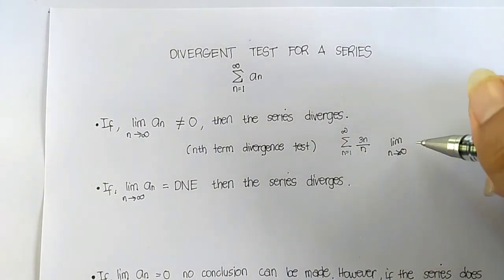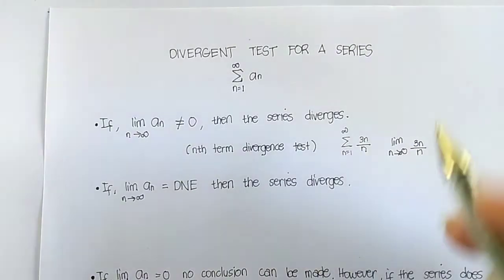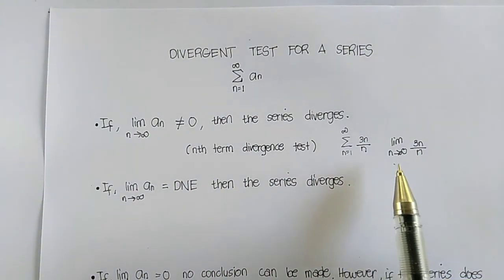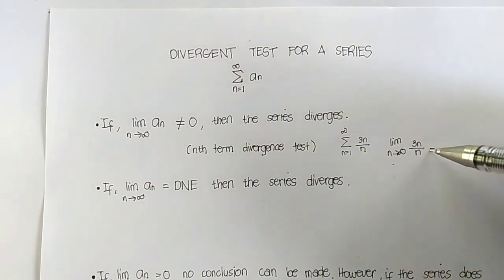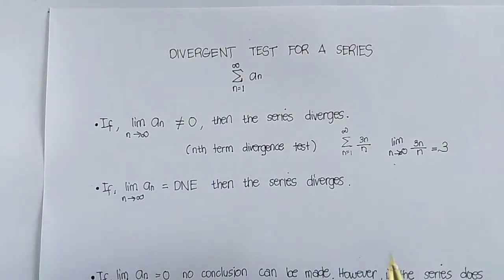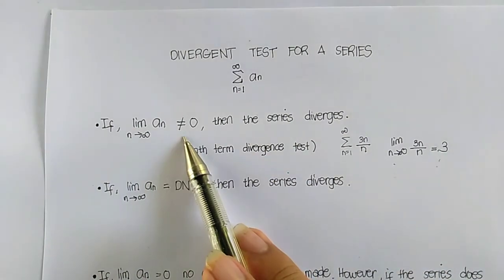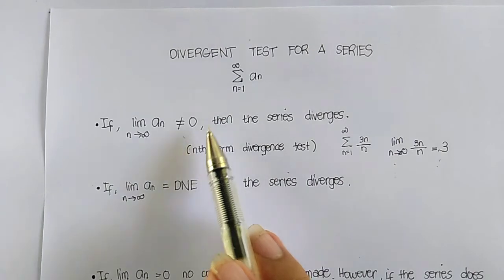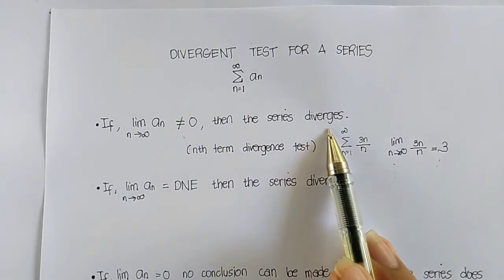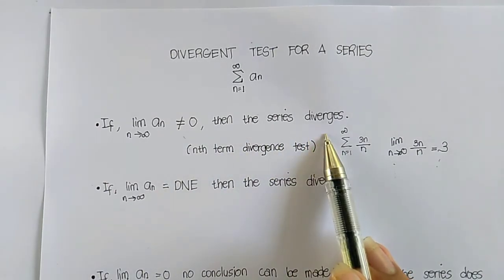So if we take the limit of a sub n, which is 3n over n, as n approaches infinity, then it would equal 3. So the limit of a sub n would equal 3. And since its limit doesn't equal 0, because the limit is 3, we can say that the infinite series diverges. Okay? So if the limit does not equal 0, then the series automatically diverges.